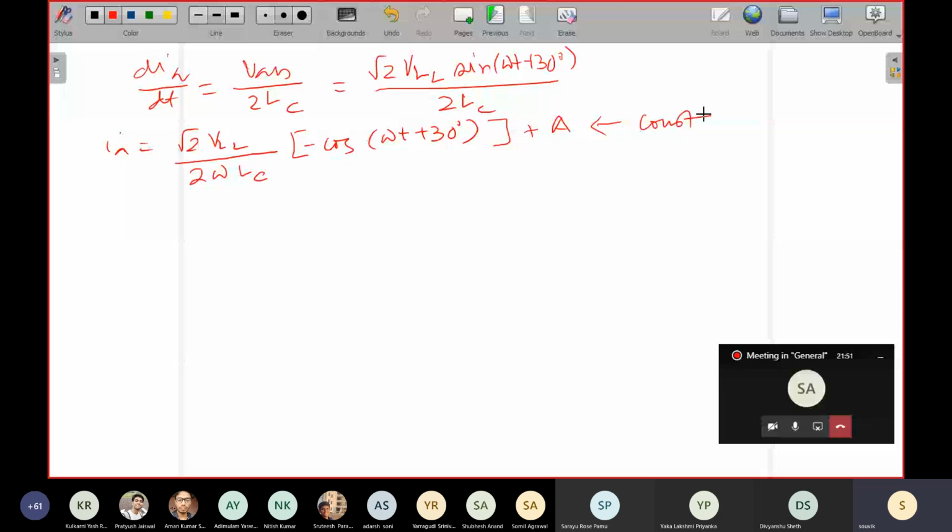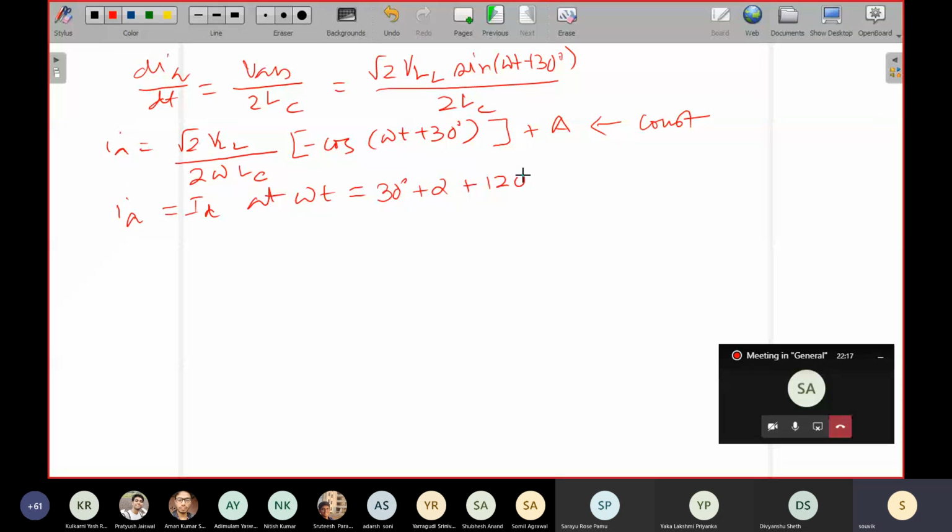So what is the initial condition? The initial condition is IA equal to ID at omega t equal to 30 degrees plus alpha plus 120 degrees.